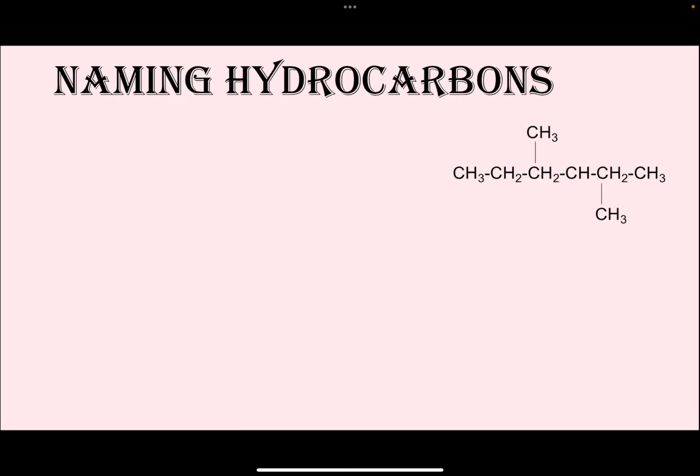When it comes to naming hydrocarbons, here we are given a molecule, but let's talk about some of the very basic steps or rules that we follow. The first thing that you're going to do is identify the parent chain. And remember, the parent chain is the longest continuous carbon chain.